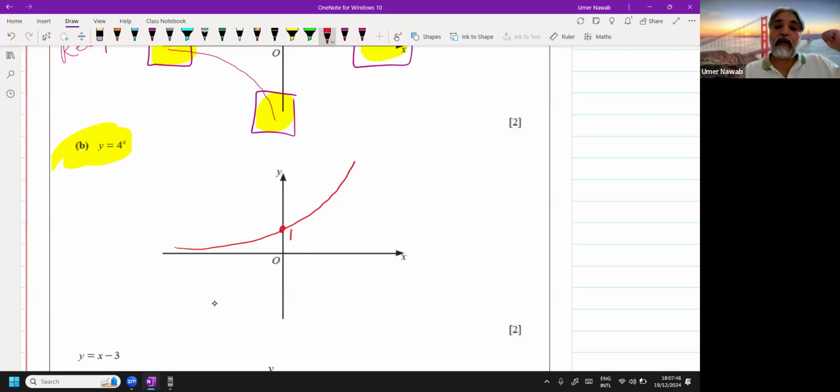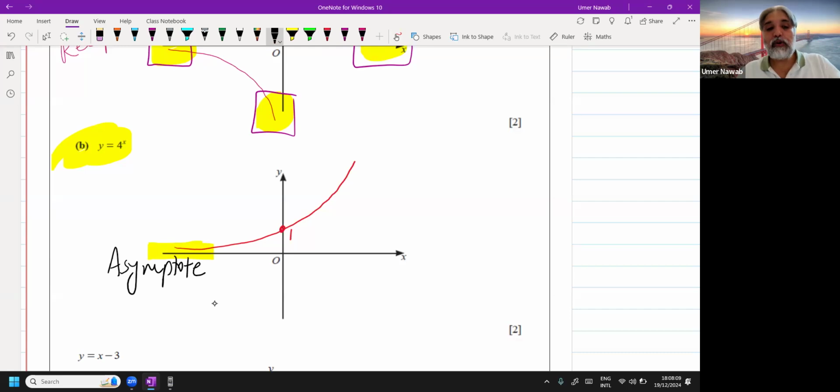In the Cambridge exam, if the sketch will come, it will carry 2 marks. How? Number one, the shape of the graph should be correct. Why the shape of the graph should be correct? A student has to show that the graph gets closer to the x-axis. Yani, we use a terminology which is called asymptote.